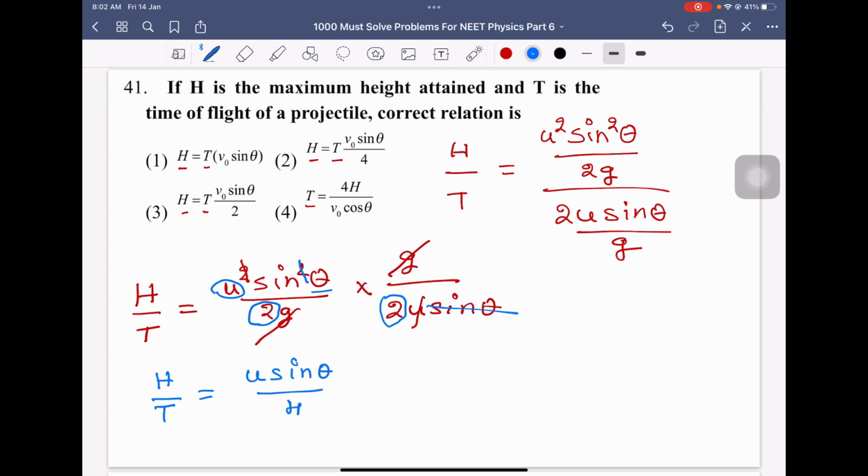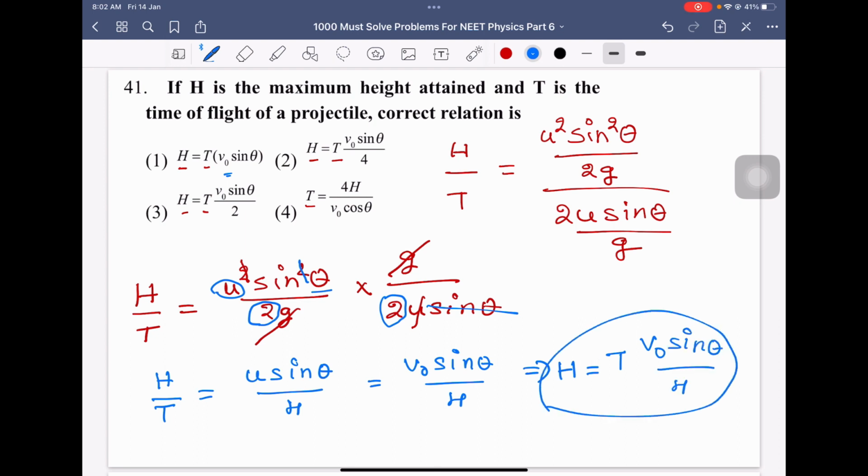Here initial velocity in every equation they have taken as v naught. So h by t is equal to v naught sine theta divided by 4, or h is equal to t into v naught sine theta divided by 4. This is available in option number 2. So option 2 is correct.